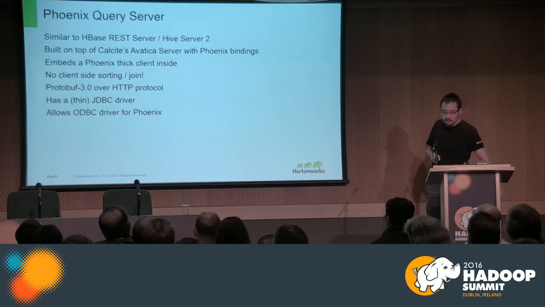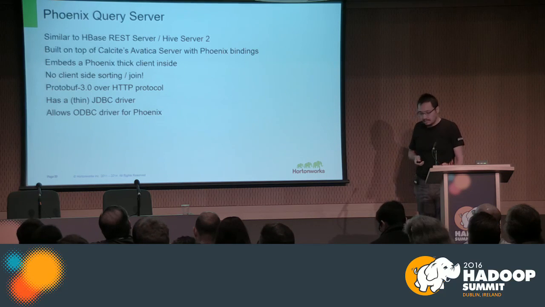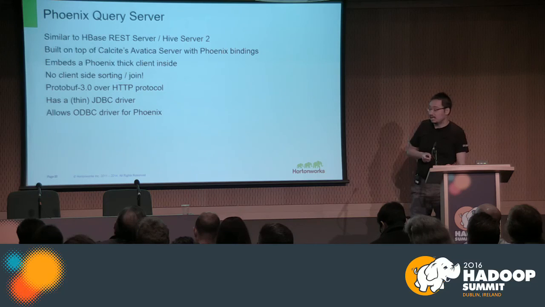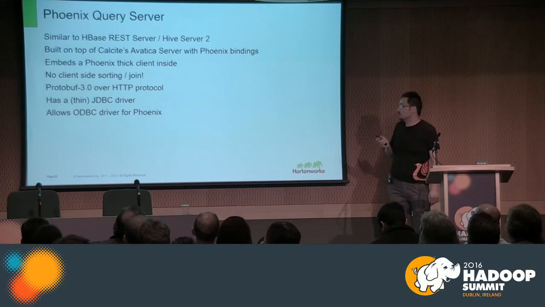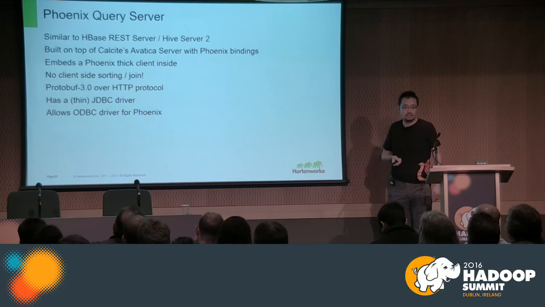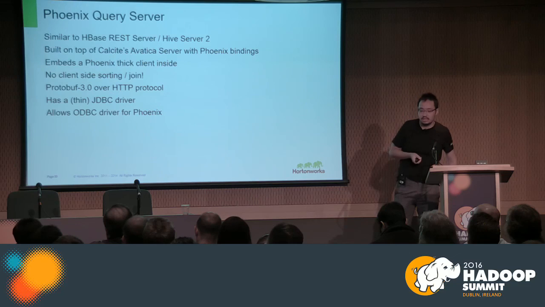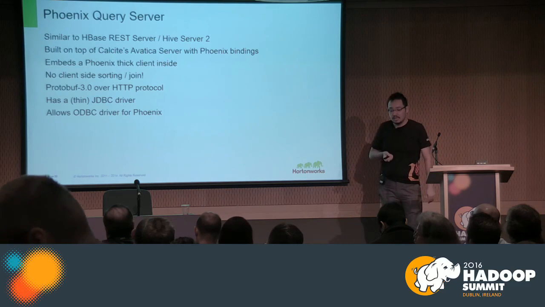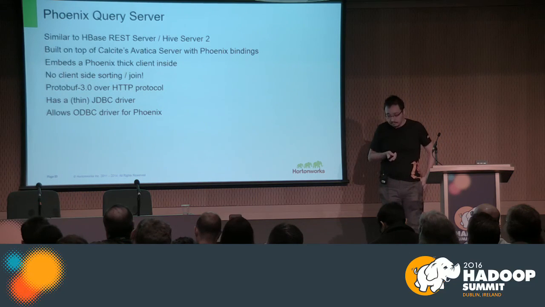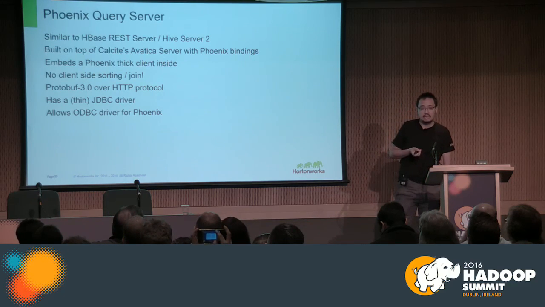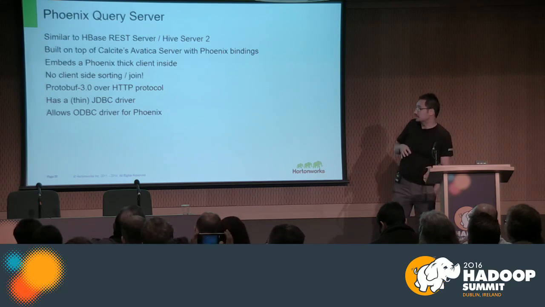All right. So Phoenix Query Server is another recent feature that has been shipped in 4.7 and before. It's similar to HBase's REST server, or if you're familiar with HiveServer2, it's similar to that. It's built on top of Calcite's Avatica server, but it has Phoenix bindings, and it embeds the Phoenix thick client inside.